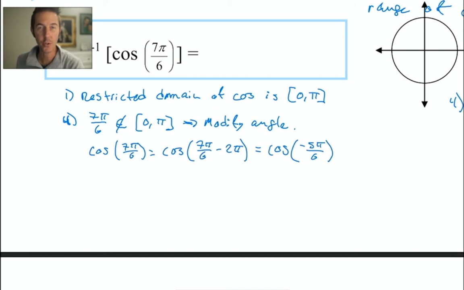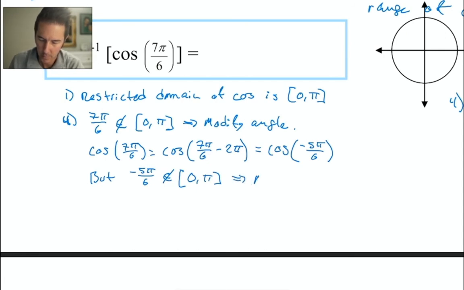A different angle measure. Maybe this angle measure is in the domain of the restricted cosine function. But negative 5 pi over 6 is not a member of the restricted domain that goes from 0 to pi.